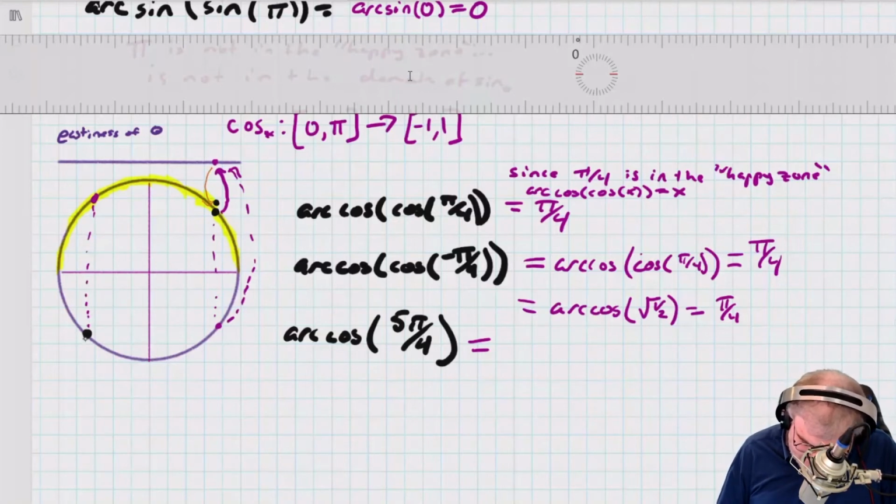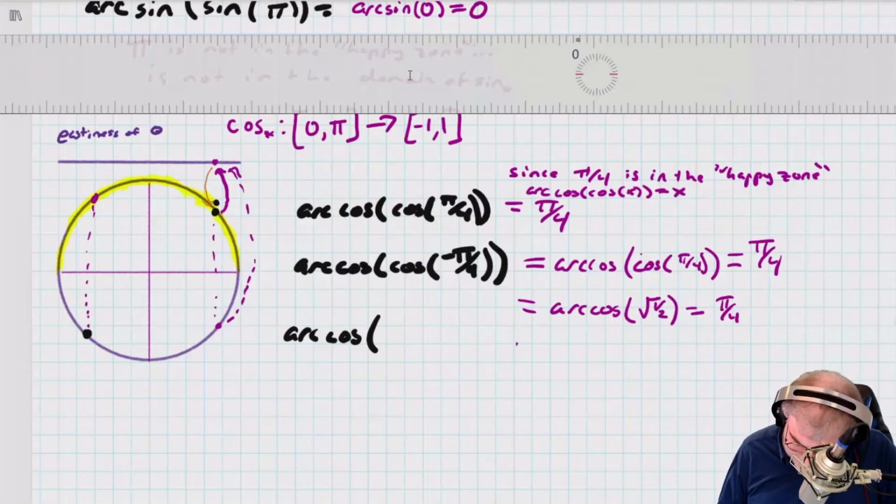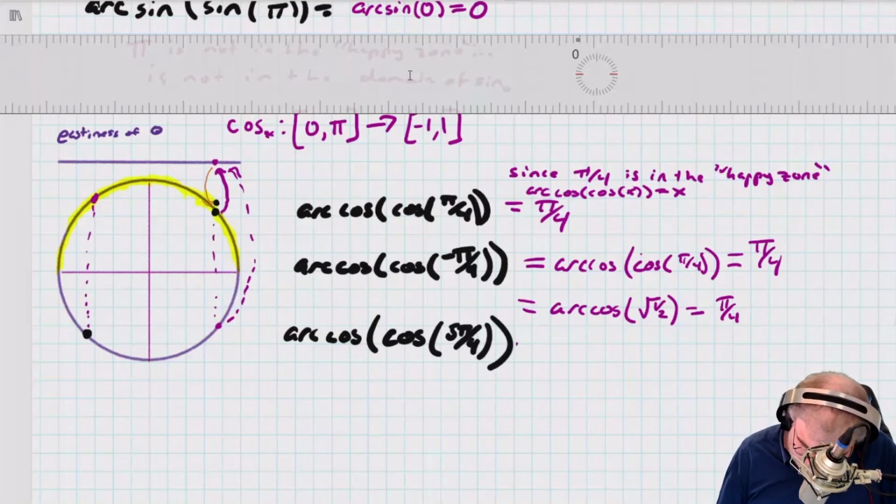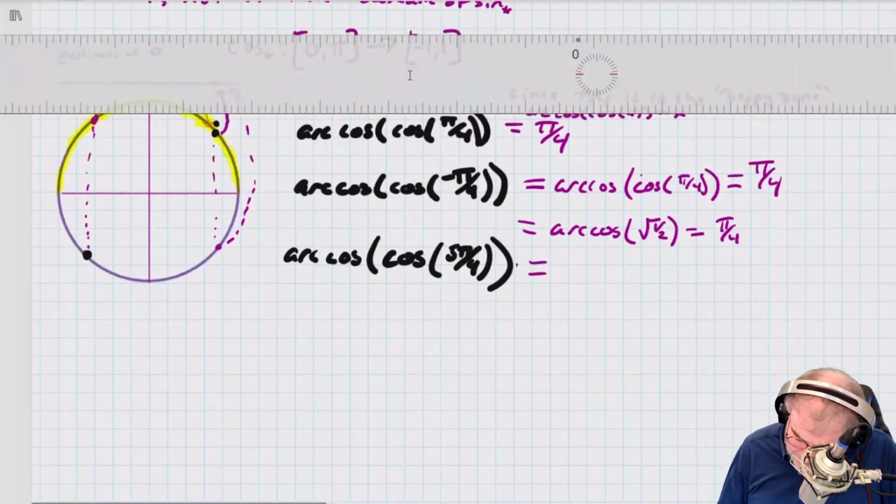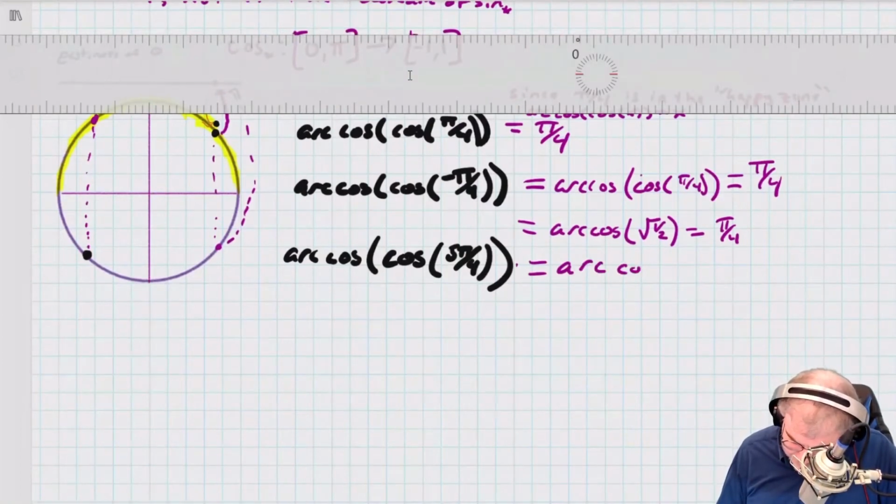This is not in the happy zone, but this one is. I'm miswriting the problem. Okay. Here's 5 pi over 4, and 5 pi over 4 is not in the happy zone, but I meant that to be light purple. But 3 pi over 4 is, and they're equivalent.